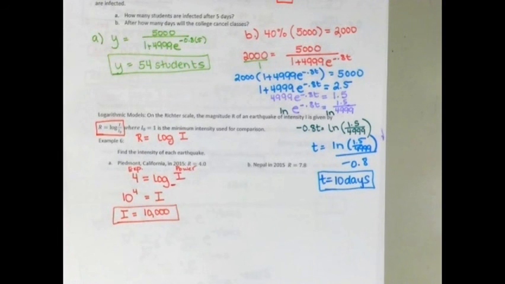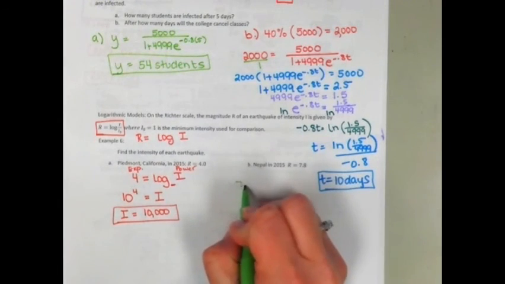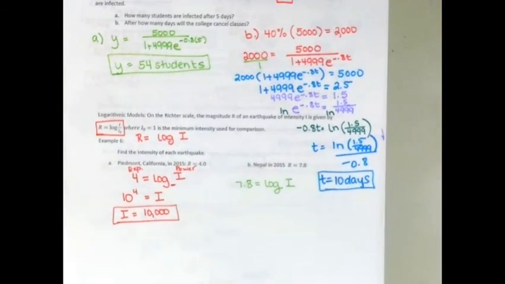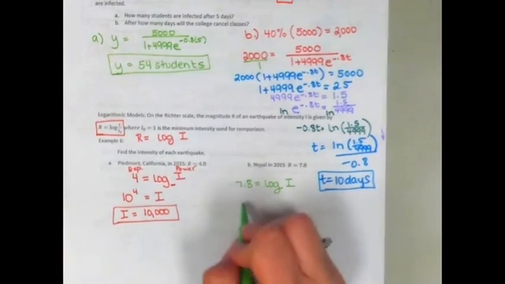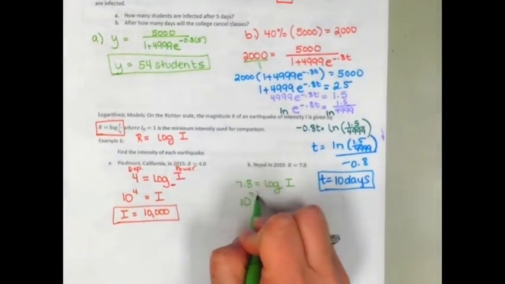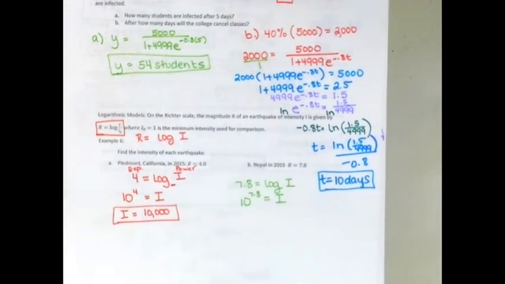All right, what if my Richter scale was 7.8? So I'd have 7.8 equals log base 10 of I. Right? So what's my base? 10 to what exponent? 7.8 would equal my intensity, right?